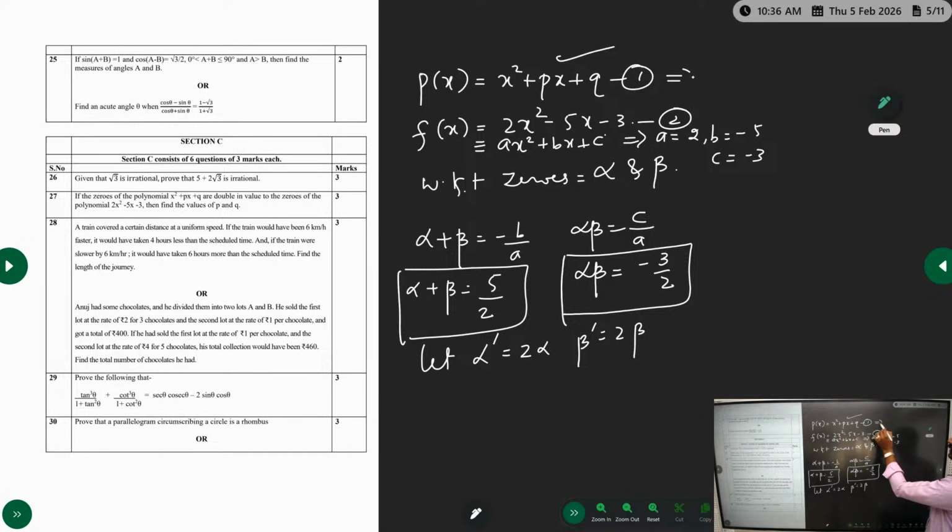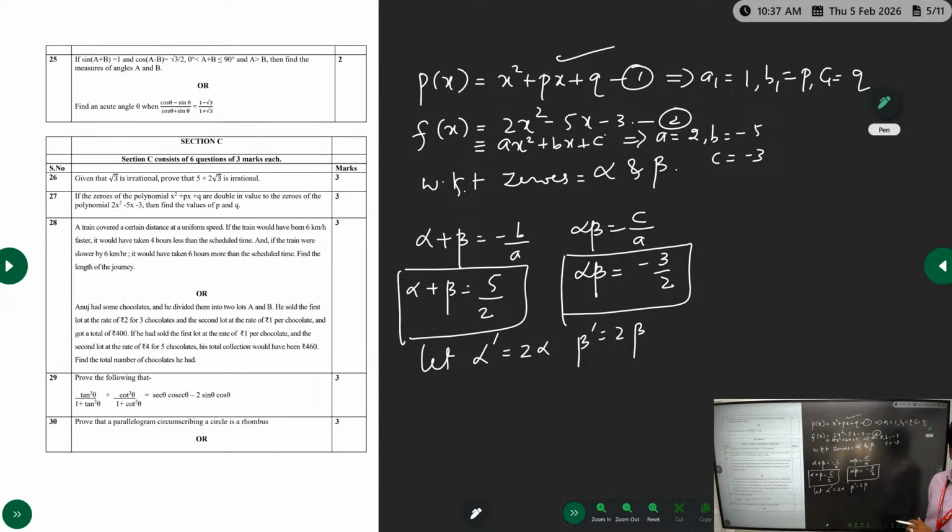Now what will be a1 value here? 1. What is b1 value here? Did I write a1, b1, c1? Because here I already took a, b, c. To avoid confusion, I have named it a1, b1, c1. You can even name them a dash, b dash, c dash, like how I represented the zeros. This alpha dash and beta dash are zeros of the first equation. Alpha, beta are the zeros of the second equation.